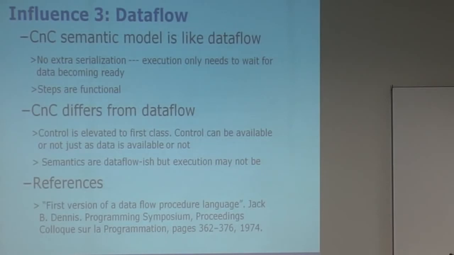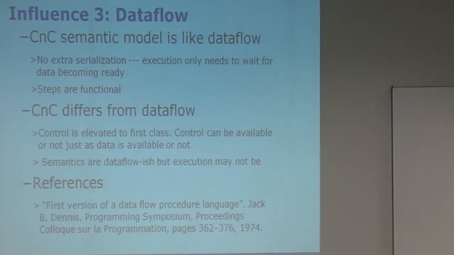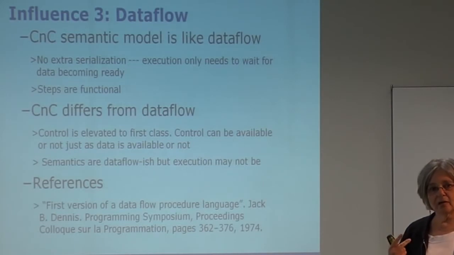You only need to execute when the data is ready and the steps are functional. But we've elevated control to first class. So these tag concepts are first class, and you can compute and manipulate them. So the semantics are data flow, and I describe how I think about the program executing. It's a data flow style of thought.